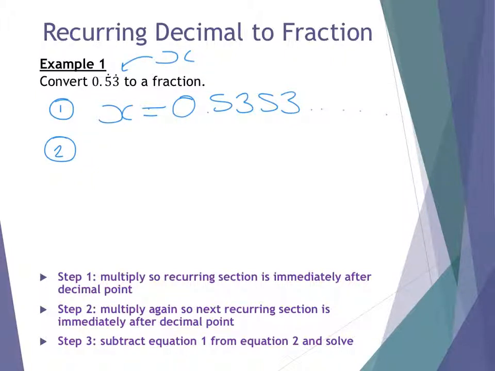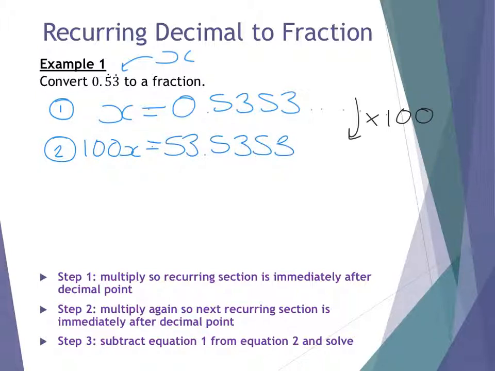We've got the same situation this time. We've got 2 digits in our recurring section, so we're going to need to times by 100. So we started with x, times by 100 gives us 100x, and now that's going to be 53.5353, etc.